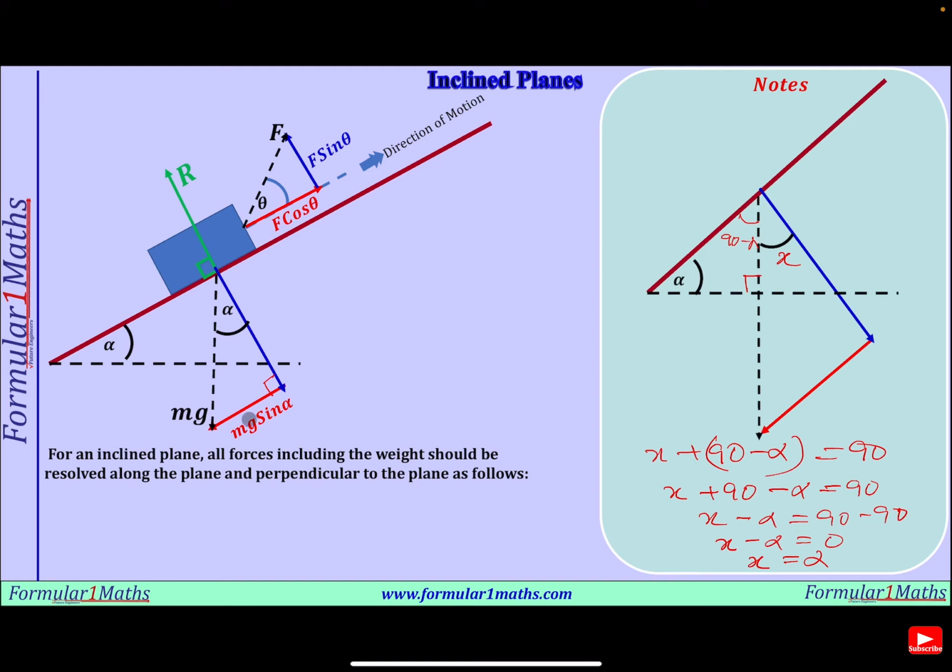The opposite will be the weight, which represents the hypotenuse, times sine alpha. And that means the blue one is mg cos alpha. So this is how we resolve the weight into components parallel and perpendicular to the plane. Now that we've done that, let's go and see how we can use that to solve some questions.